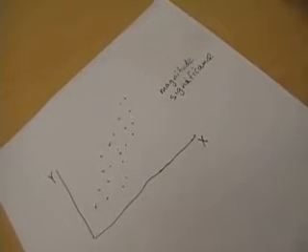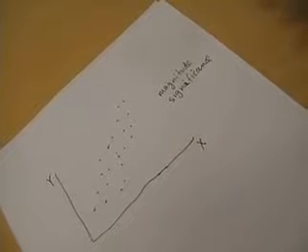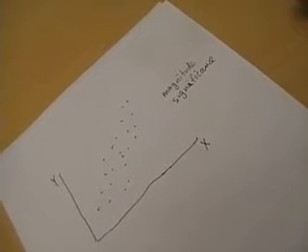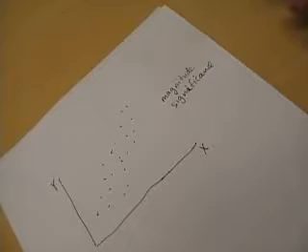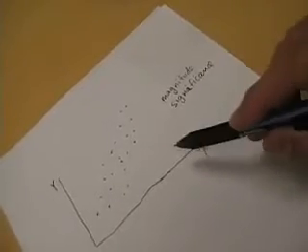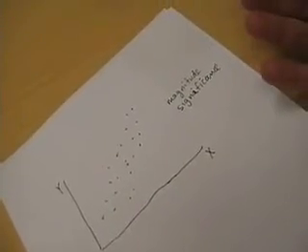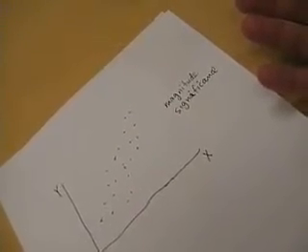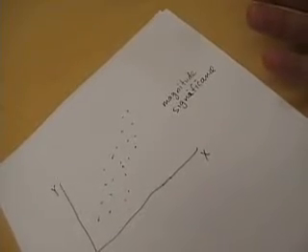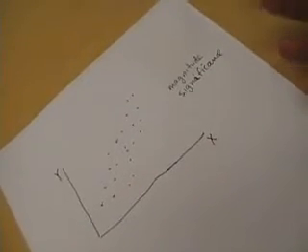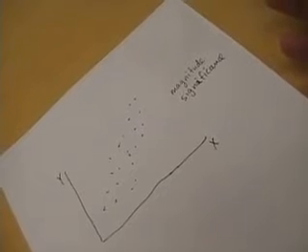So regression analysis, the simplest way to think about it, is fitting a line to the data that we have. And we'll call the slope of that line the coefficient. That is, it represents how much a change in the x variable is associated with a change in the y variable. And we'll try and fit a line that does a good job of capturing the pattern in the data.